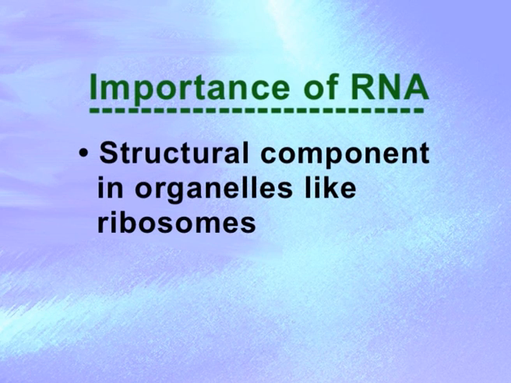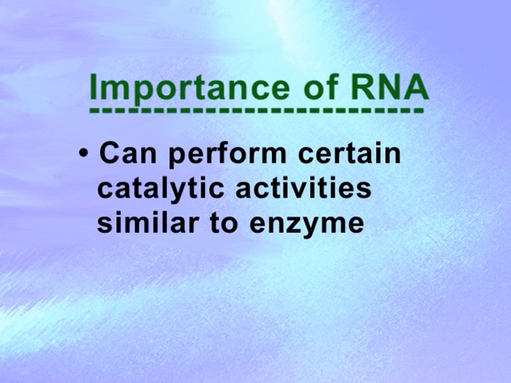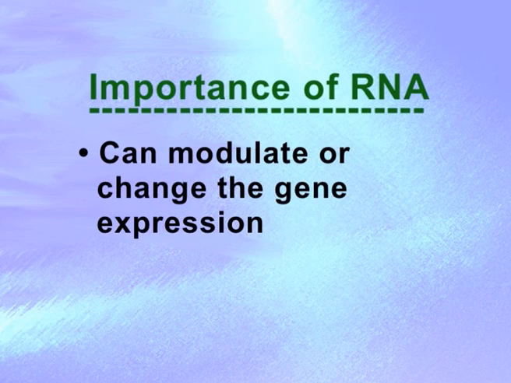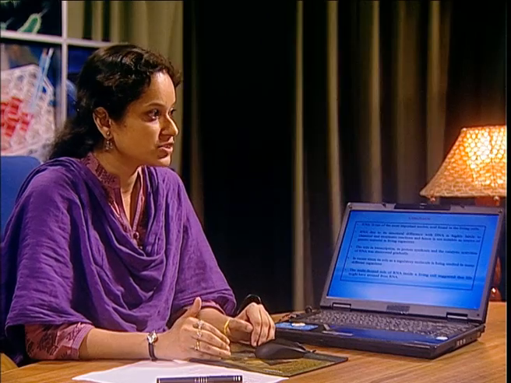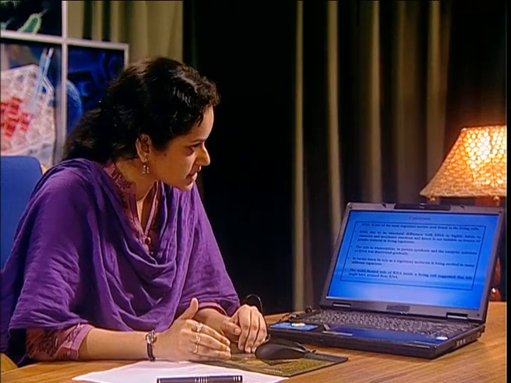Second, it plays a structural role in organelles like ribosomes. It can perform certain catalytic activities similar to enzymes. It can modulate gene expression, as seen in the case of siRNA, miRNA, etc., or riboswitches found in the prokaryotic system.